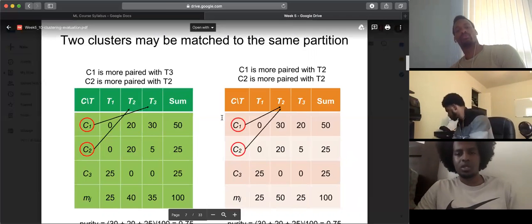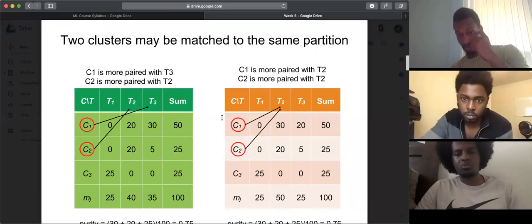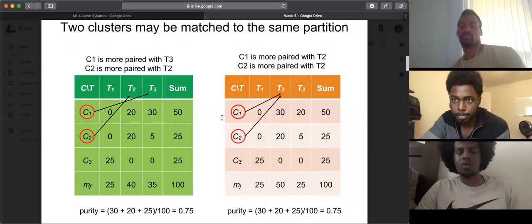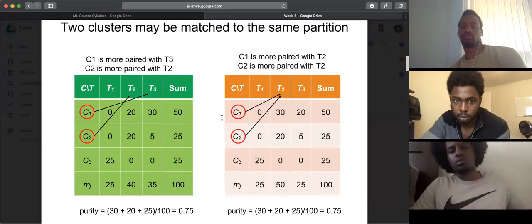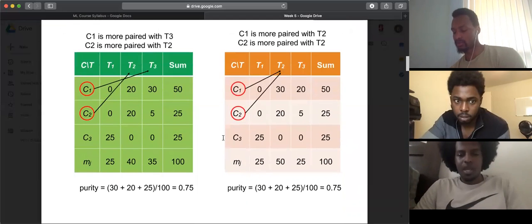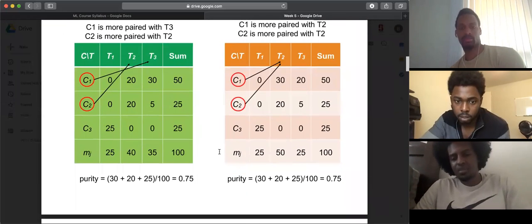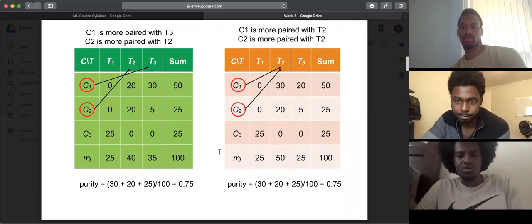And then if you look at the right side, C1 and C2 both pair to ground truth partition T2. And they give you the same purity score, or the same weighted purity. So this is kind of what Stuart was getting at earlier.